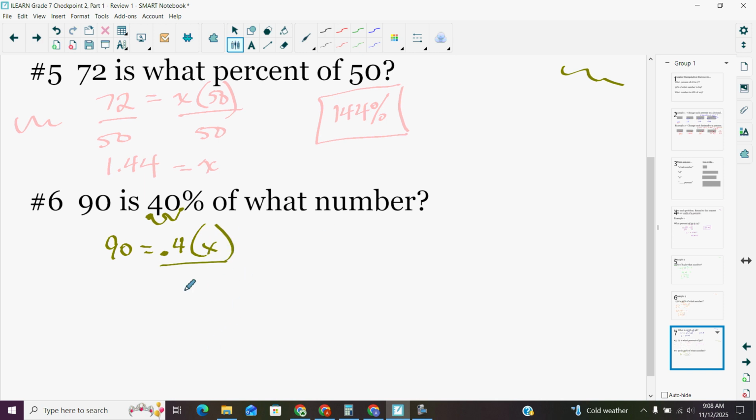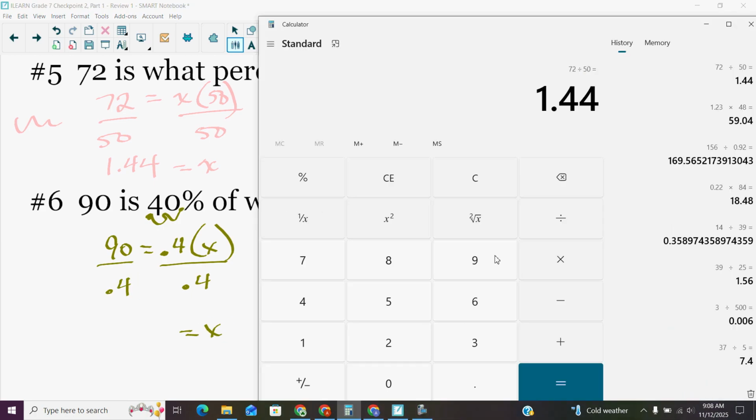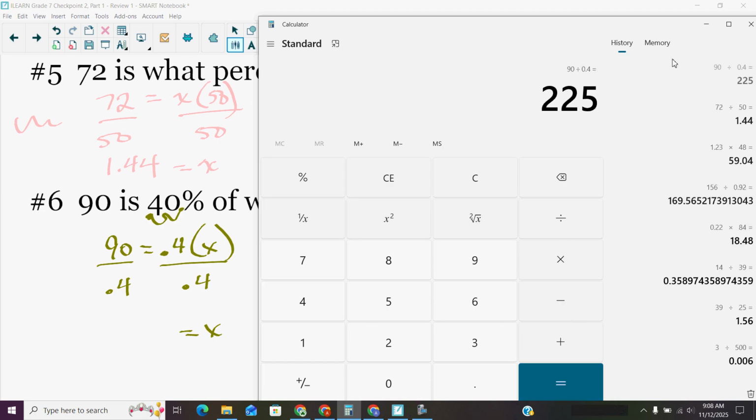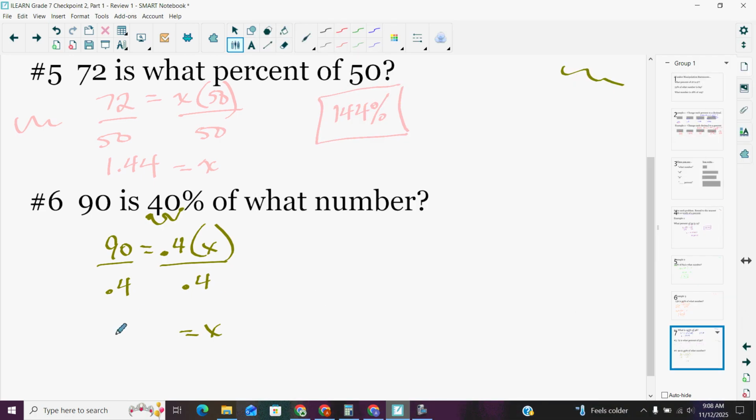To get x by itself, we divide by 0.4. 90 divided by 0.4 is 225. 90 is 50% of 180. So yeah, 40% of something bigger. That makes sense.